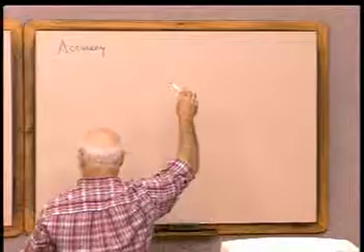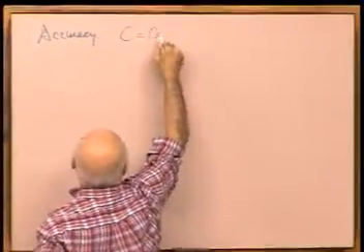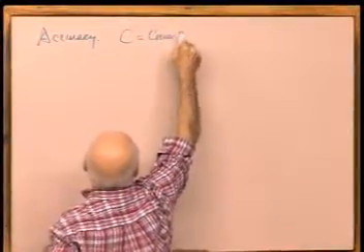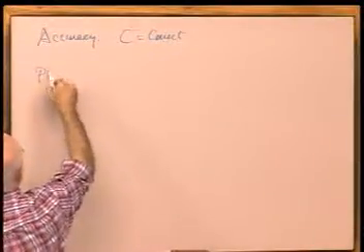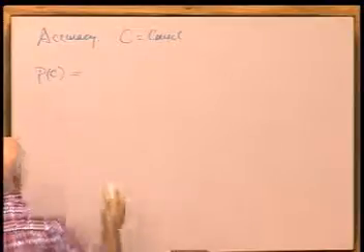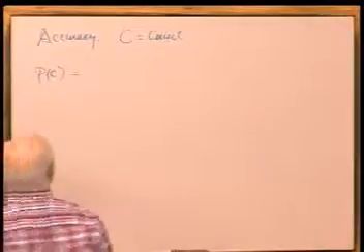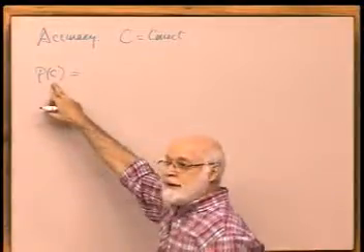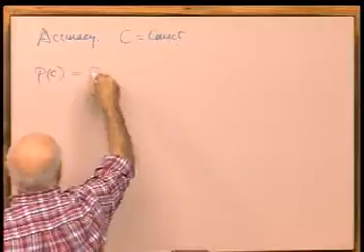So what I want to do is define C to mean correct. I'm going to calculate the probability that the test is correct. That's how accurate the test is. So now I can use the theorem of total probability to calculate the probability it's correct, because I can say, well, either you have HIV or you don't.